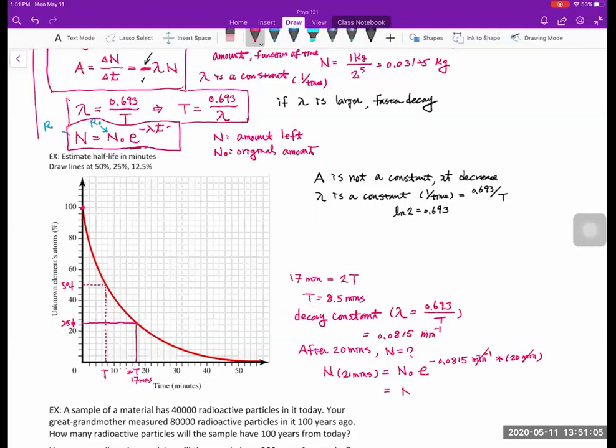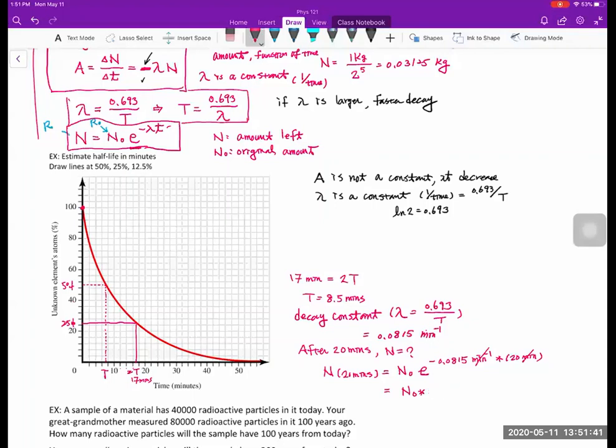So it's N0 times 0.92. Doesn't look right to me. Did I do something wrong here? Oh, I forgot to modify it was 20. Sorry.